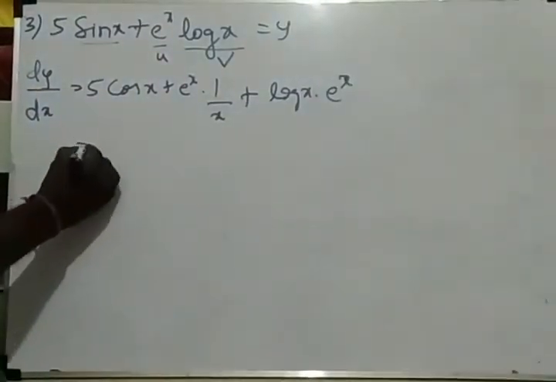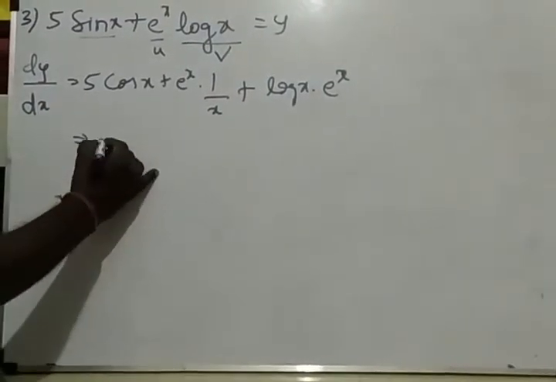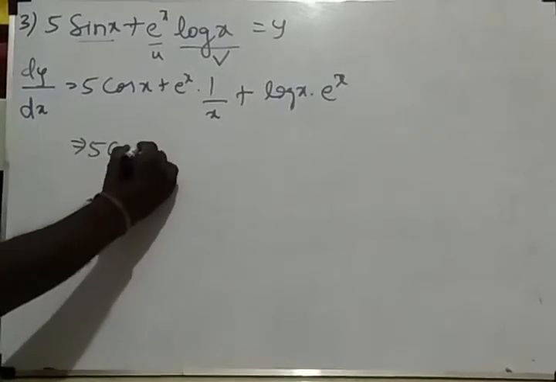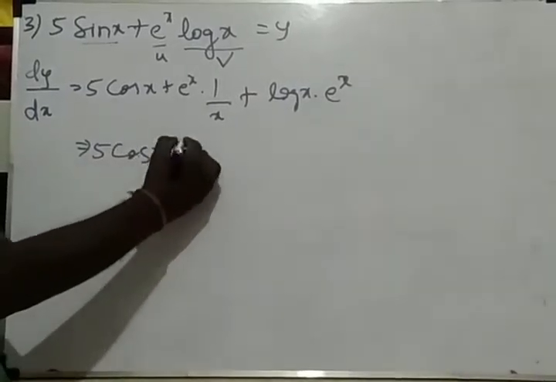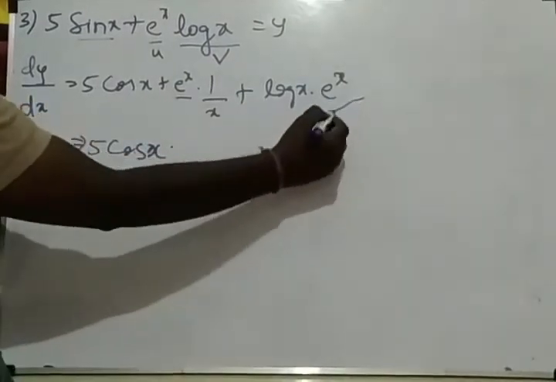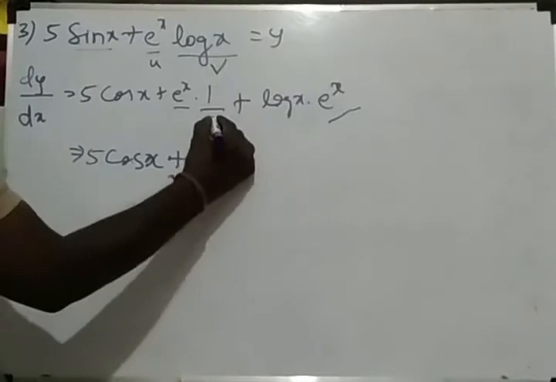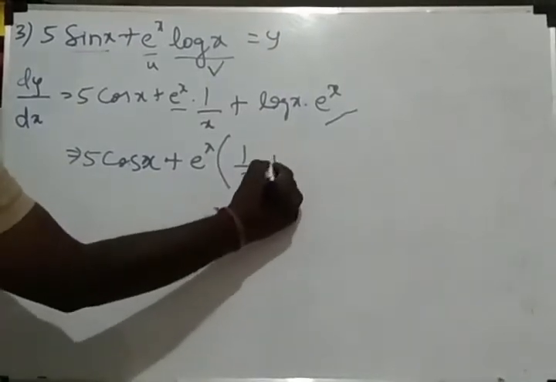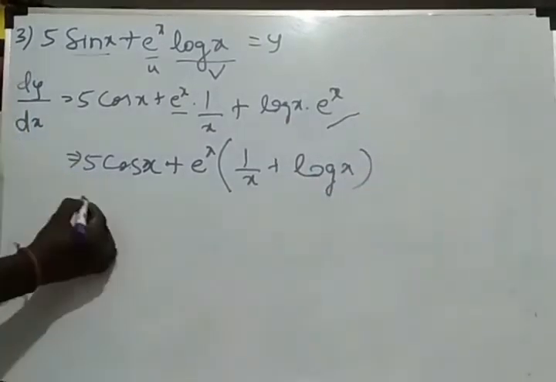So you get 5 into cos x plus, e to the power of x common. So you take it out, which is 1 by x plus log x. That is it.